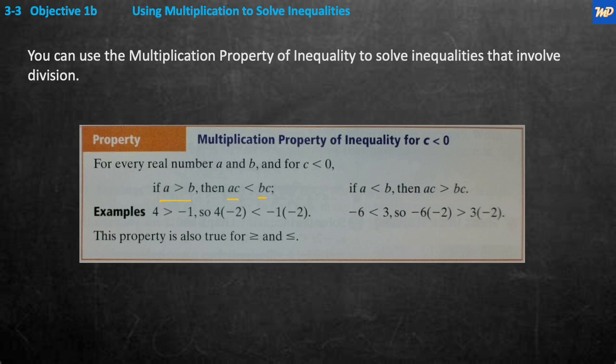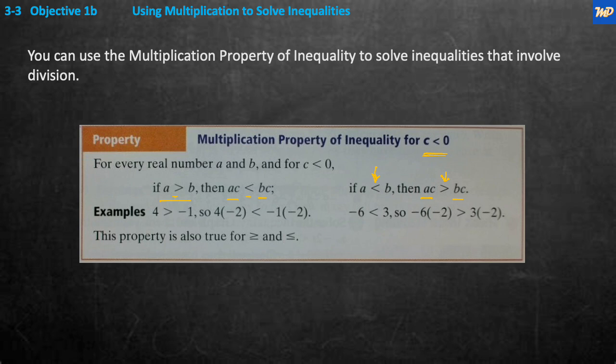So when you're multiplying by a negative, you switch the inequality symbol. So if a is less than b, then a times c is greater than b times c. It just switched, it went from less than to greater than, because c is less than 0.